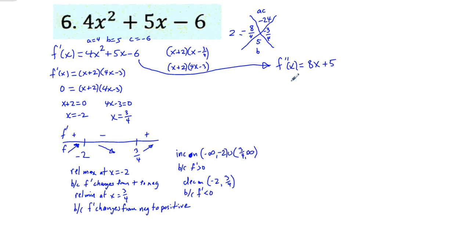And then to find the points of inflection, if we replace f double prime of x with 0, we have 0 equals 8x plus 5. And if we solve for x, we have -5 is equal to 8x, and then x is equal to -5/8.